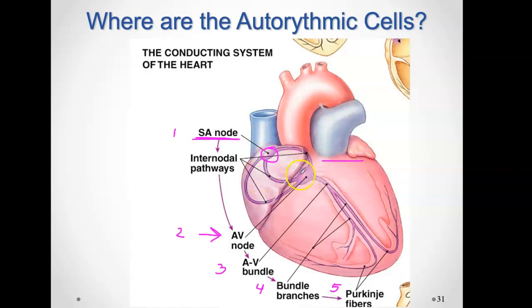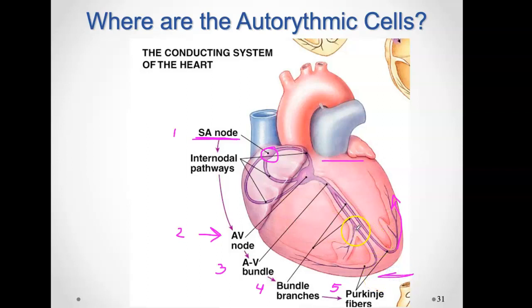Atria to the AV node, down here, up the sides, and now all of the heart is depolarized, and in that order of depolarization, it will contract. First in the atria, and then in the ventricles. Very important also that it does it from the apex up, meaning that it's going to have to contract from low to high.